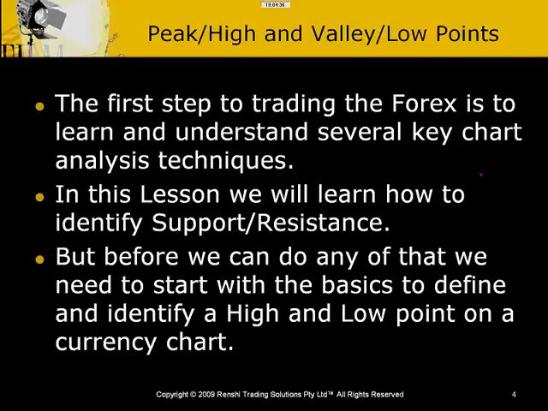So in this lesson, we'll learn how to identify the support and resistance. But before we do any of that, we need to start with the basics and define how to identify a high or low on a chart.